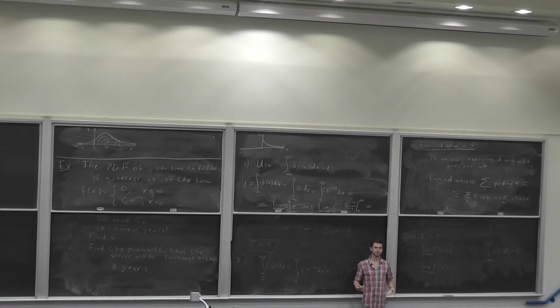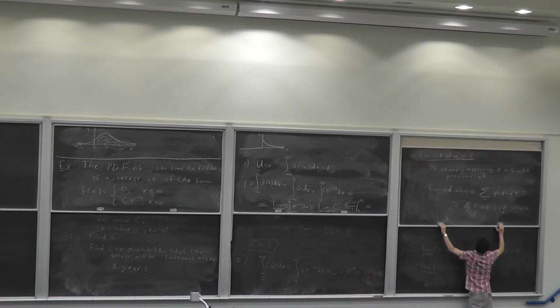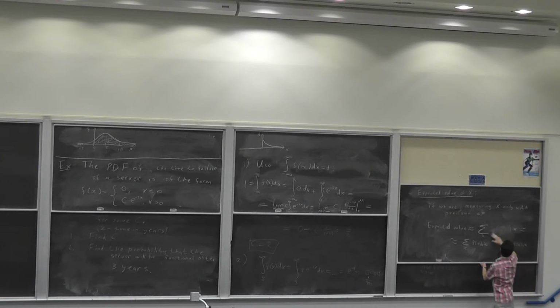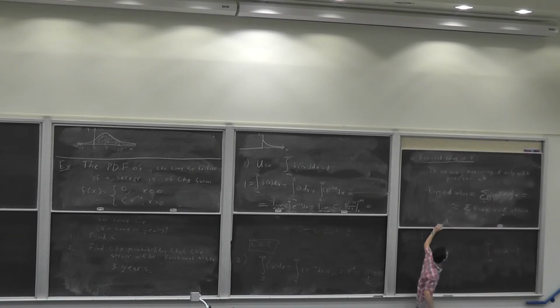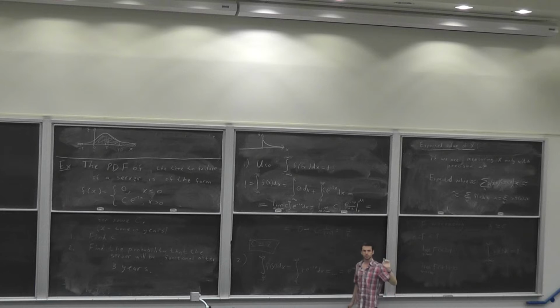Now, to make this measurement not approximate but rather precise, I'll make delta x smaller and smaller.